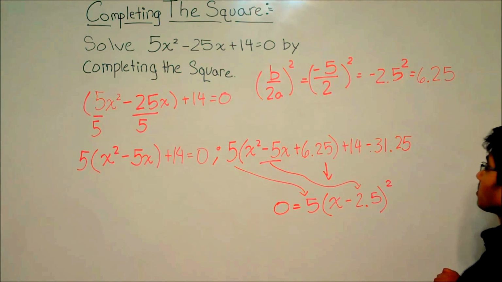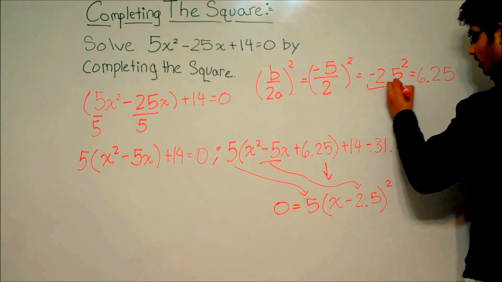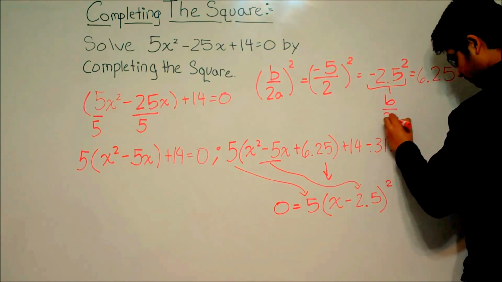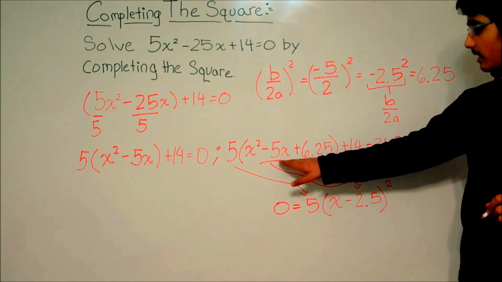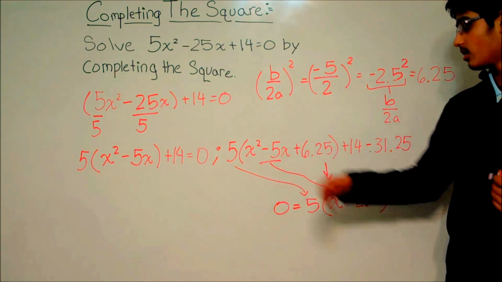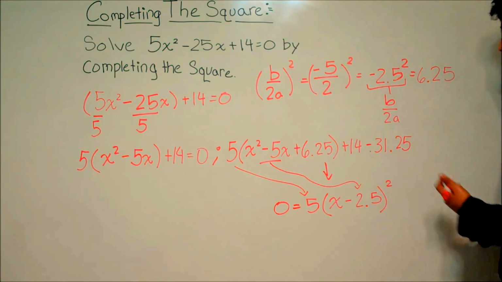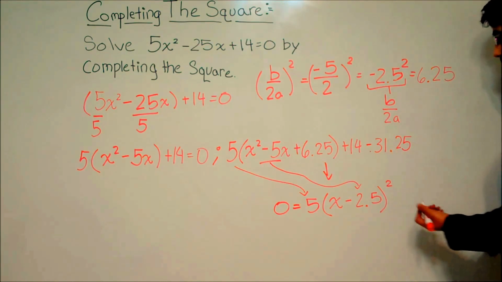This value is b over 2a. b, negative 5, over 2a, which is 2, which becomes negative 2.5. Then we close our parentheses and put a squared symbol.